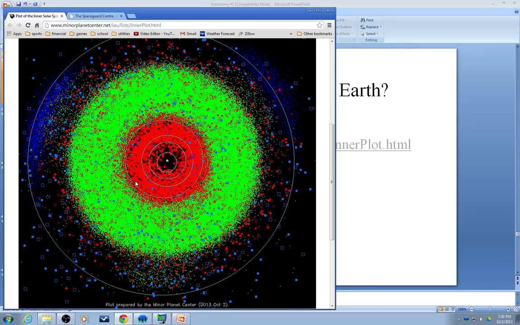Now, is this all of them? No. There are probably lots and lots of them, at least as many as this, that we don't know about. These are just the ones that we know about. It's the ones that we don't know about that scare us, because we can't see them. Even one that's just as big as half a mile would do serious damage to the Earth. You're going to learn about that in a video. We're not going to talk about that much here.